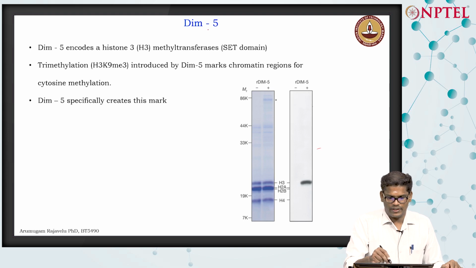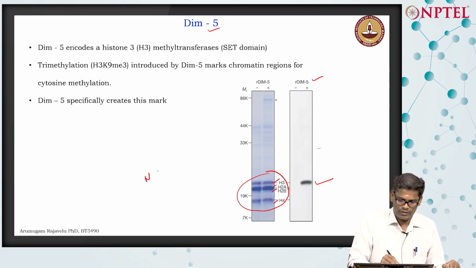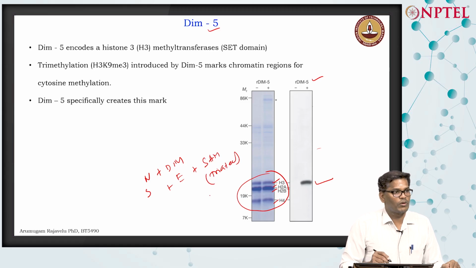Right, this is what I said, the biochemical characterization of DIM5, how they identified the histone lysine methylation activity. Here, they used nucleosomes as a substrate, with all 4 proteins, histone 3, 2A, 2B and histone 4. And then they conducted the assay using the recombinant DIM5. How did they do it? They used nucleosomes plus DIM5, the substrate and enzyme, plus the cofactor. The cofactor is SAM, and this is tritiated, isotope labeled.